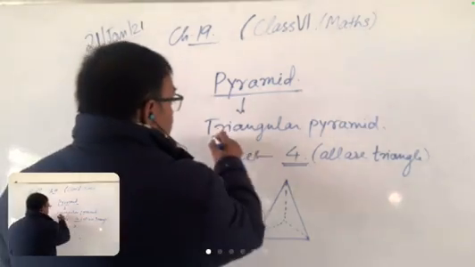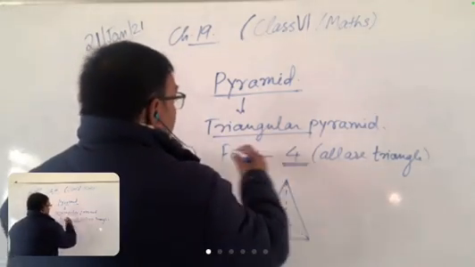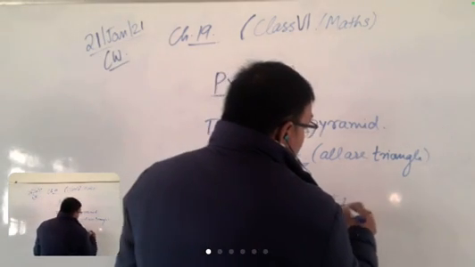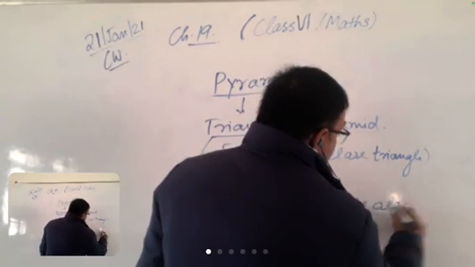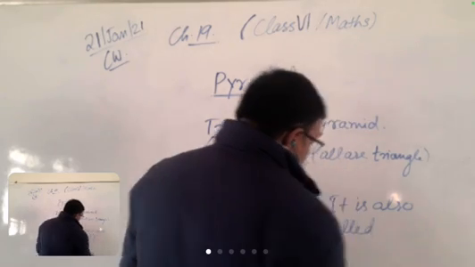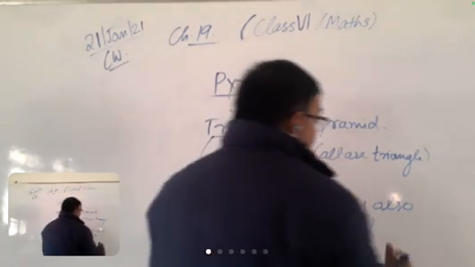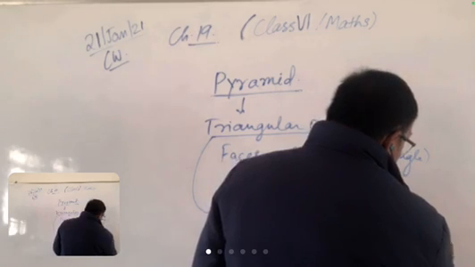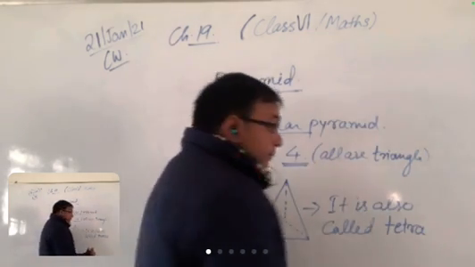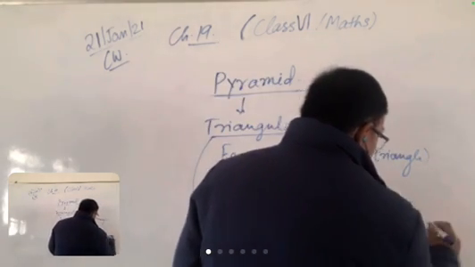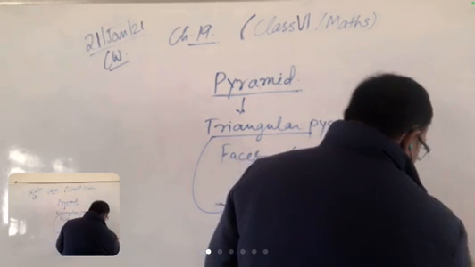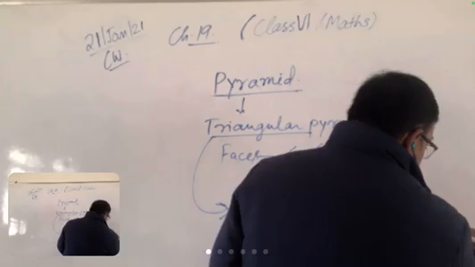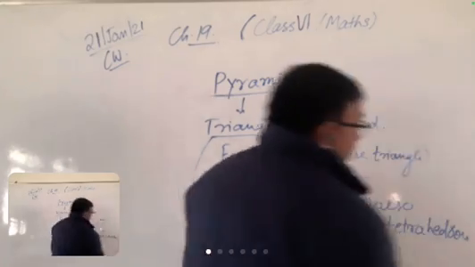This is a triangular pyramid, and it is also called a tetrahedron.